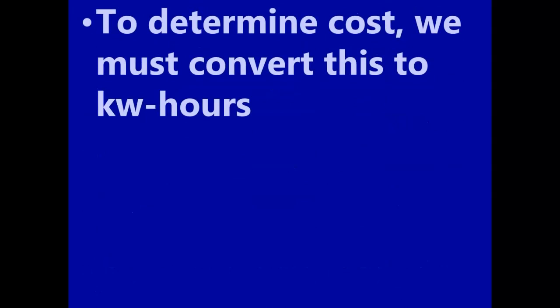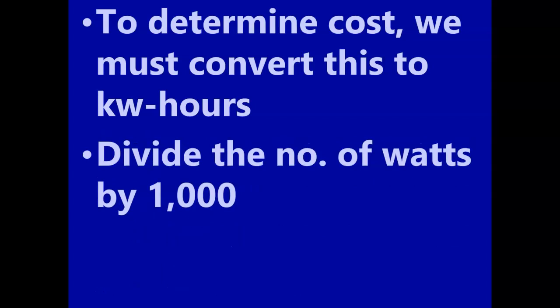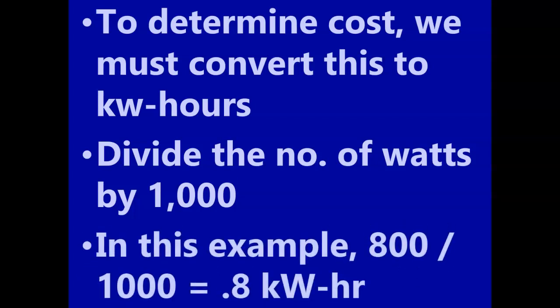And now, to determine the cost, as I said earlier, you're going to have to convert it to kilowatt hours. So you're going to divide the total watts used by 1,000. In this example, if you used 800 watts total, then you would divide that by 1,000.